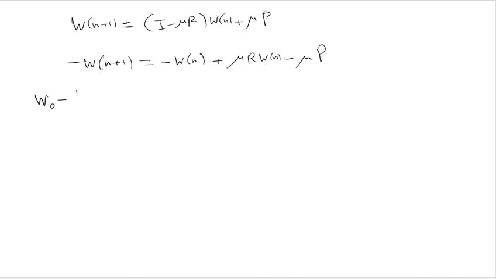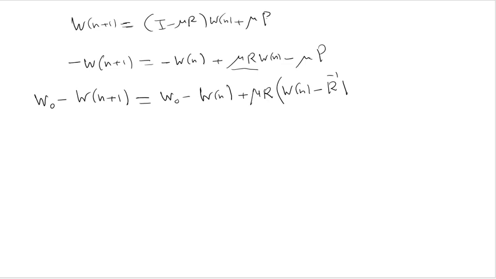W optimum minus Wn plus 1 equals W optimum minus Wn plus mu r, if I take mu r, we will have Wn minus r inverse p, which is W optimum.